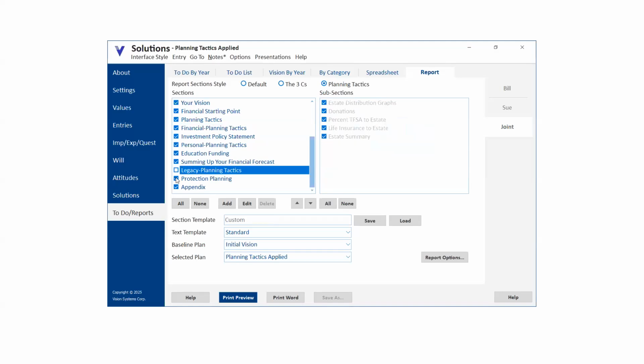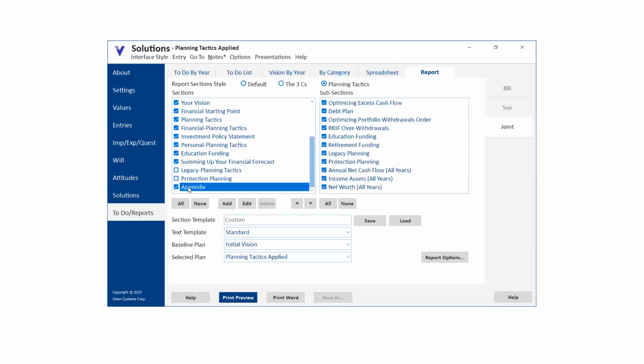So I'm going to deselect legacy planning, protection planning, and the appendix again has more expanded tables. In the body of the report, there's usually a summary of a tactic, and then if there are more tables related to it, they're moved into the appendix. And that's the case where are we going to put our excess cash? What about the debt plan, paying down that line of credit?